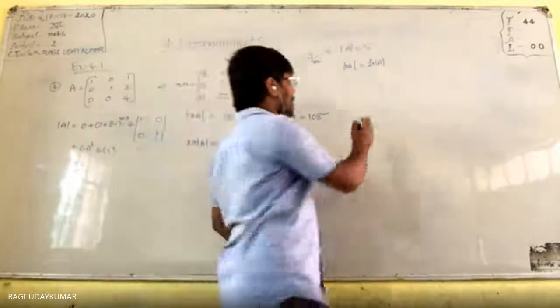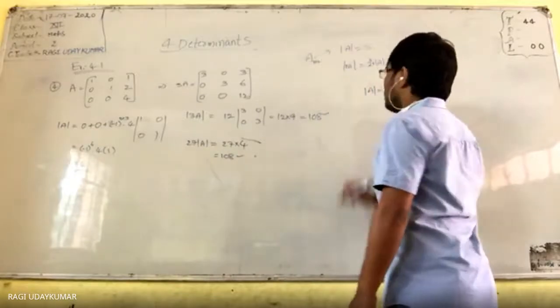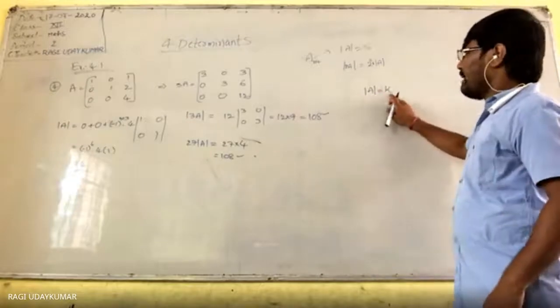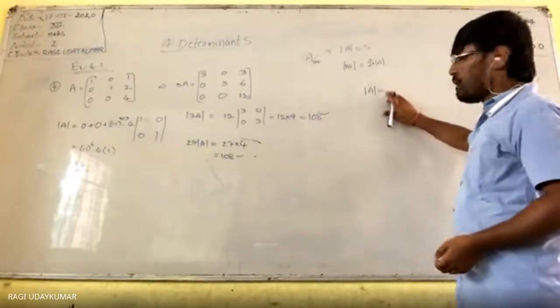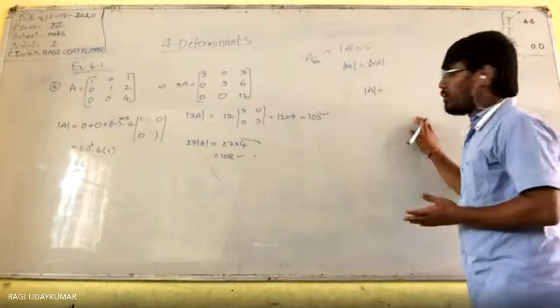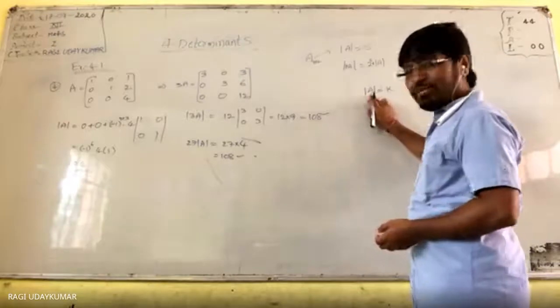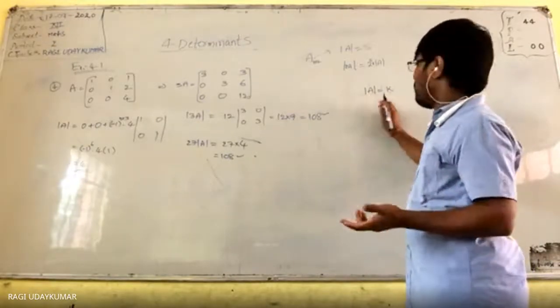So depending upon it, suppose the determinant of matrix A is some K, or some number if it is given to you. And if you multiply this matrix by any other non-zero element, suppose 5.